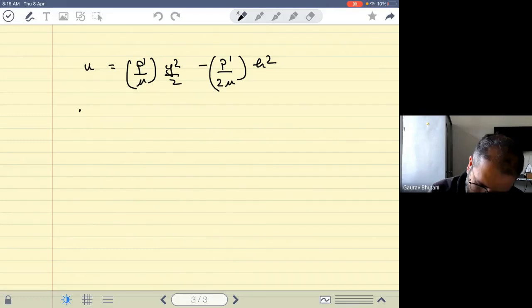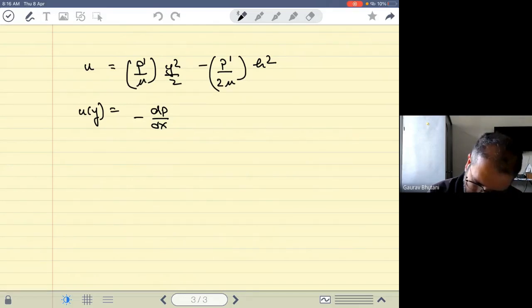So I can simplify the expression. So u as a function of y is, let's write this p prime back as dp by dx. Then we have, let's take a negative sign common. We can take a 1 by mu common.